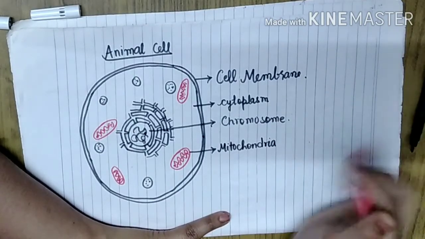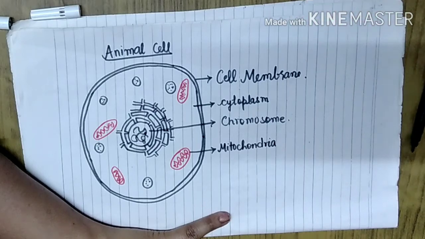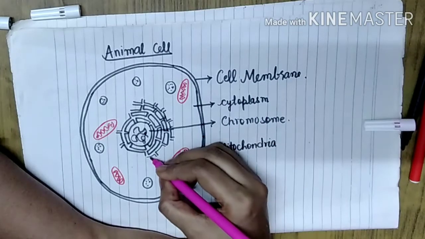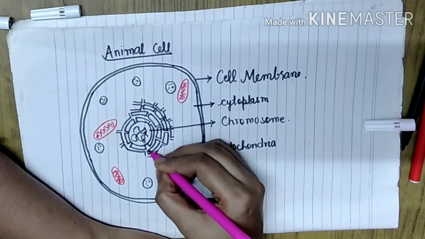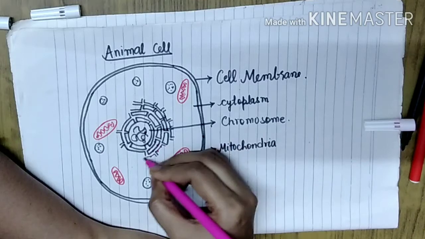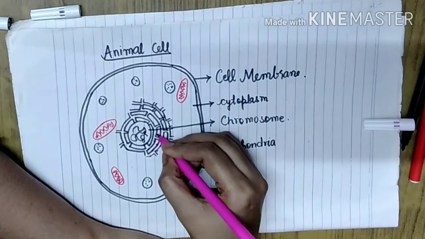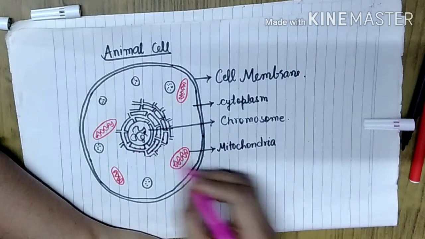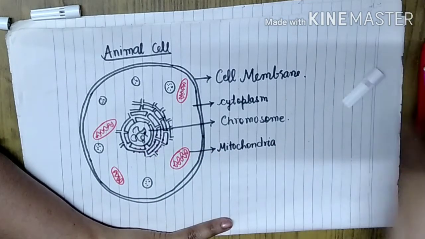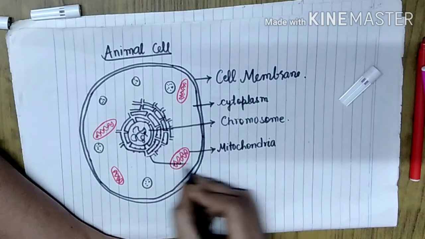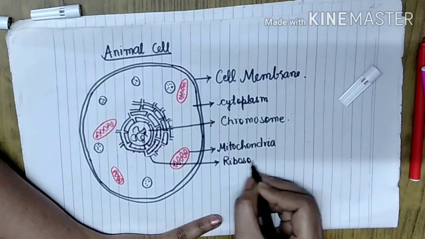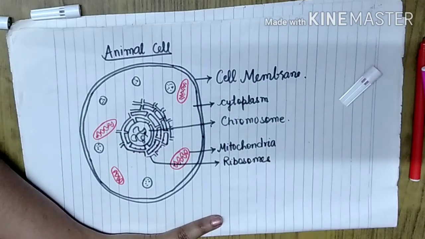Likewise, now we will draw some other organelles like the ribosomes. On a few parts there are pink colored dot-like structures shown here, which are the ribosomes. They are the site for protein synthesis, and whatever protein is synthesized in this structure is transmitted throughout the cytoplasm and the organelles by the endoplasmic reticulum itself.